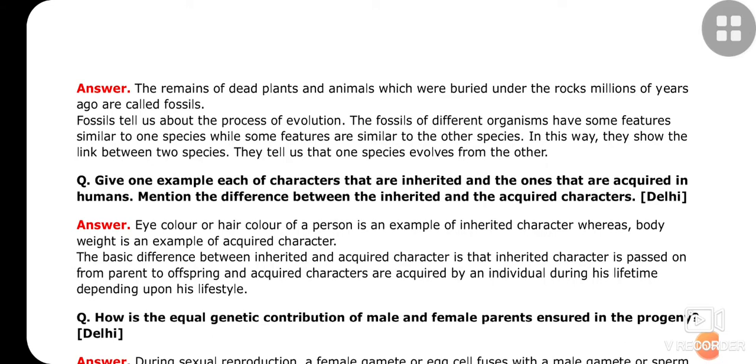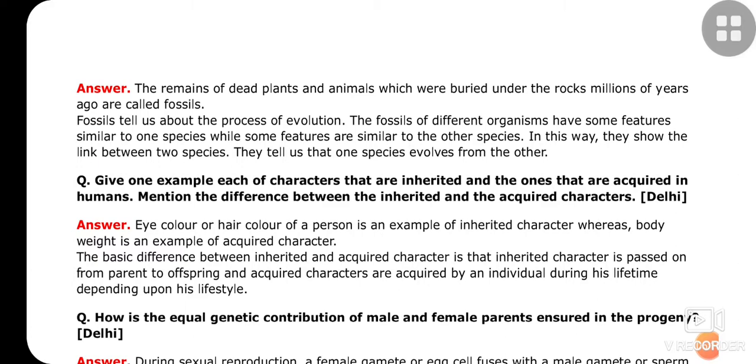The basic difference between inherited and acquired character is that inherited character is passed on from parent to offspring, and acquired characters are acquired by an individual during his lifetime depending upon his lifestyle. So here I can give you one example.